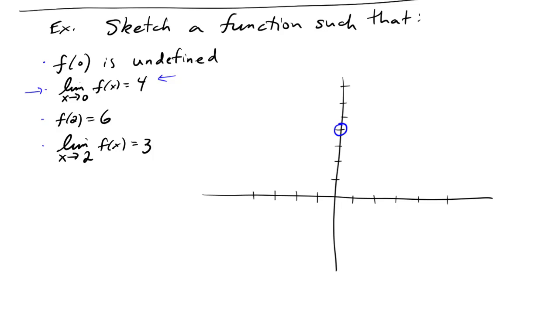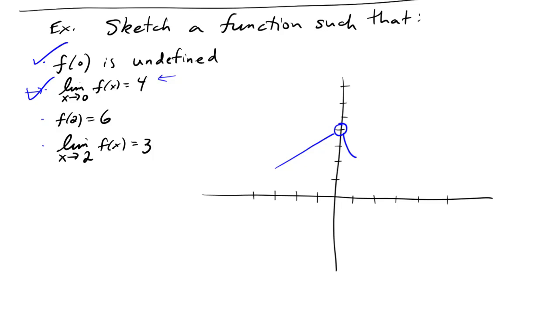I might come straight at it from the left, but maybe I'm curving towards it from the right. I'm just making this up. All right. So I've actually now shown both of these first 2 things. I've got f of 0 undefined because of the hole there, and I've got the limit from the left and the right equaling 4. So now let's look to the next thing.